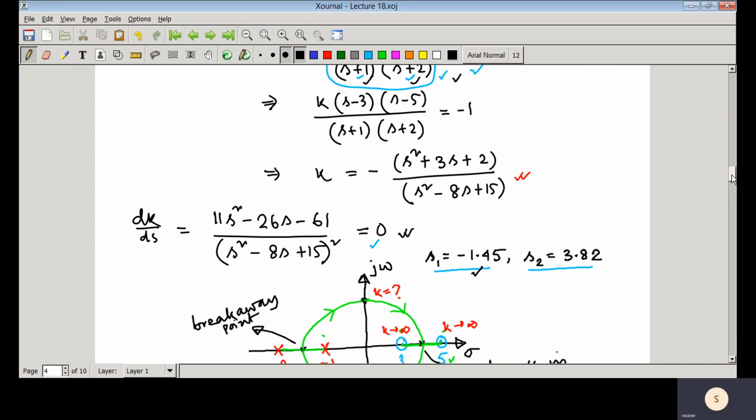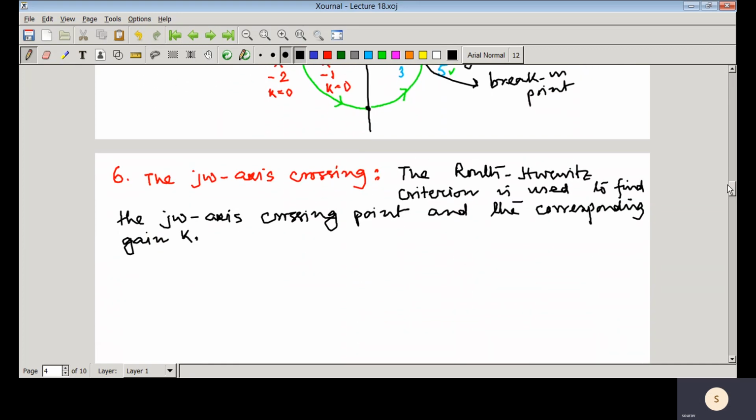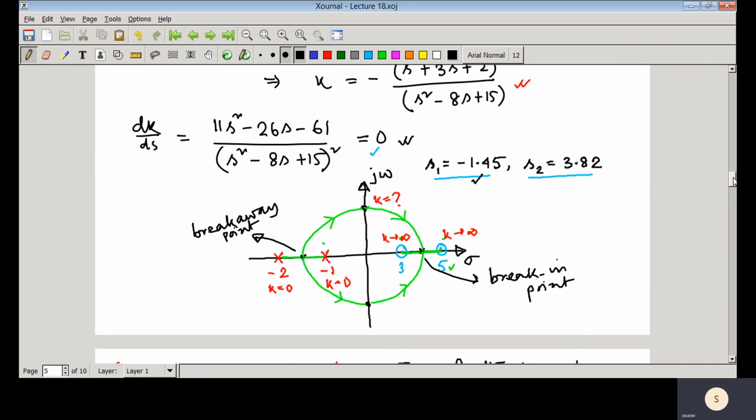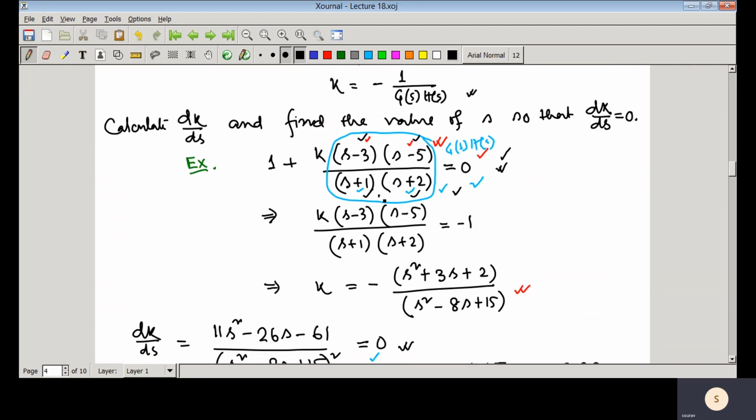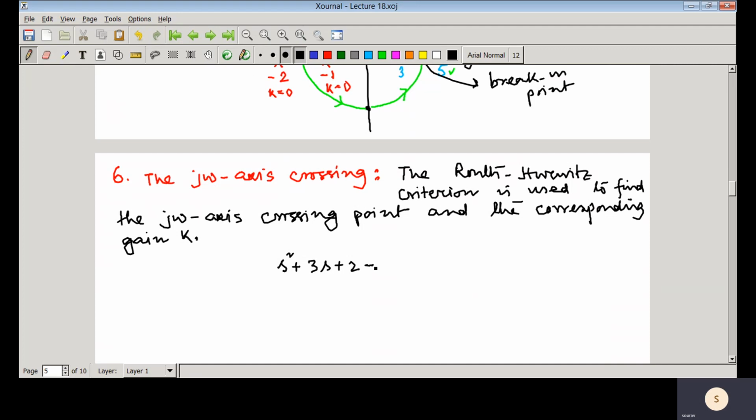If we write the characteristic equation, the polynomial is s square plus 3s plus 2, multiplied out, plus K into s square minus 8s plus 15 equal to 0.